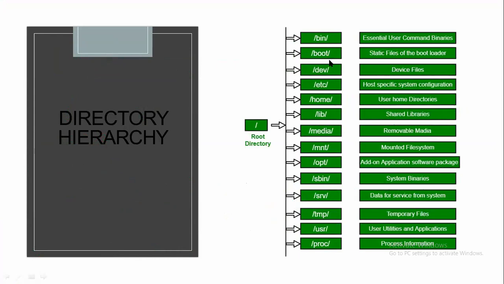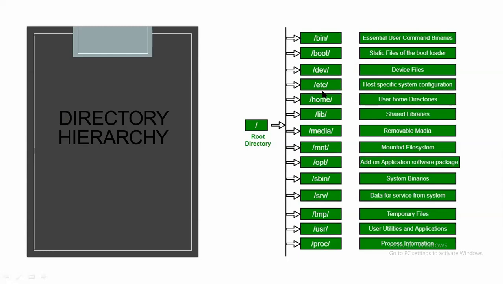Similarly, you can observe the other directory contents. I have provided what the contents are in here. For the boot directory, we can find all the static files of the bootloader. That has the bootstrap program. So when you restart a machine or switch on a PC, there's a bootstrap program which is running. That resides within the boot directory.